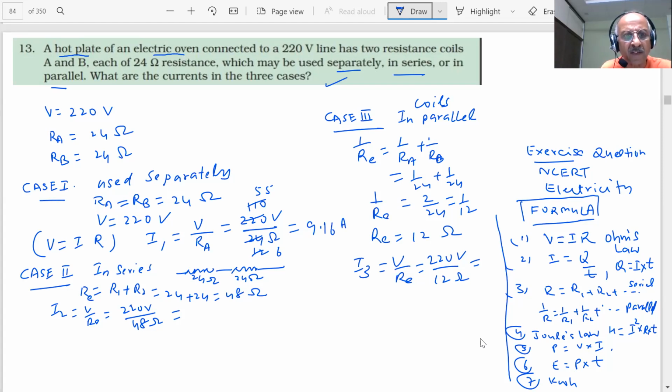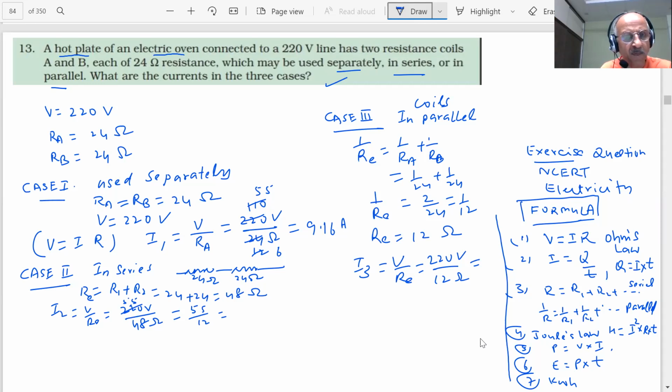What will be the answer in the second case, students? 55 by 12.